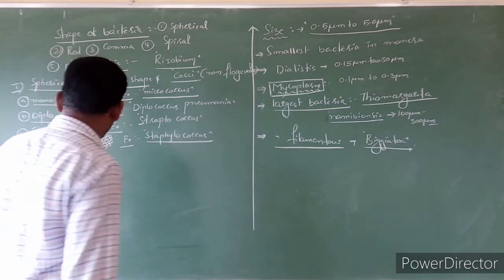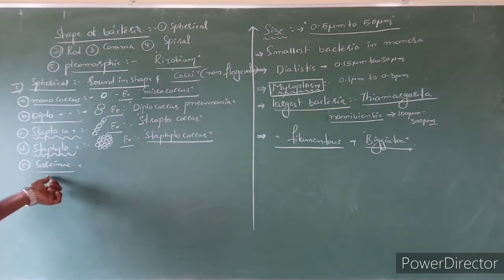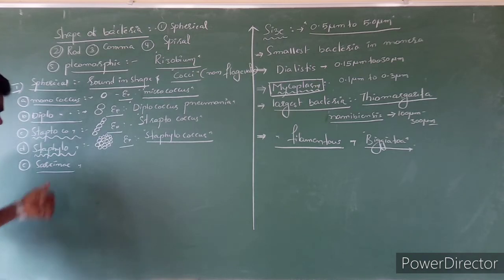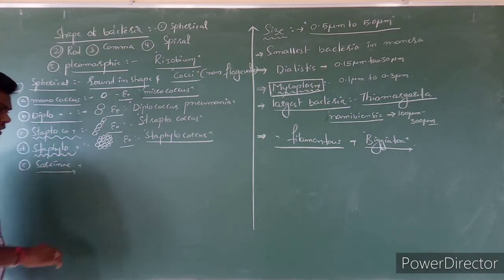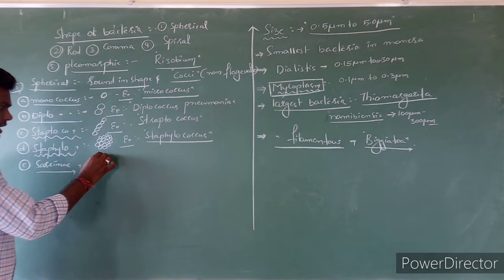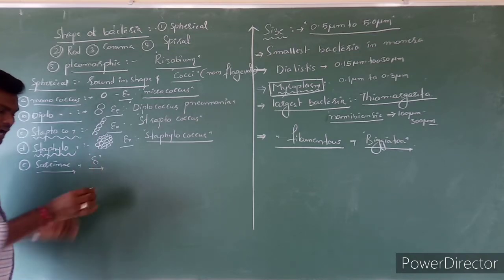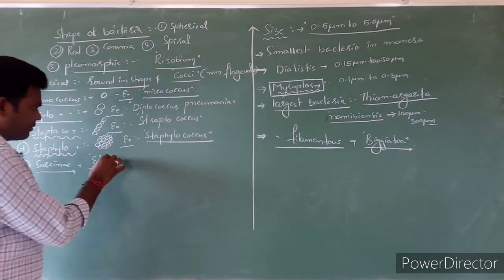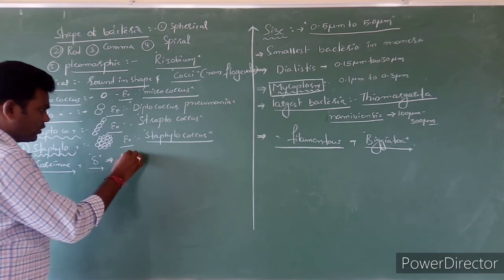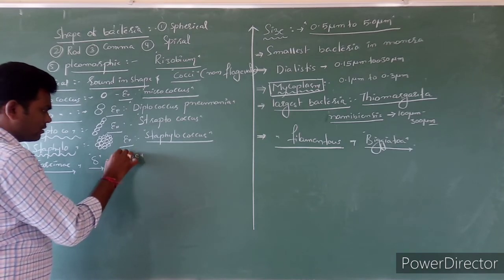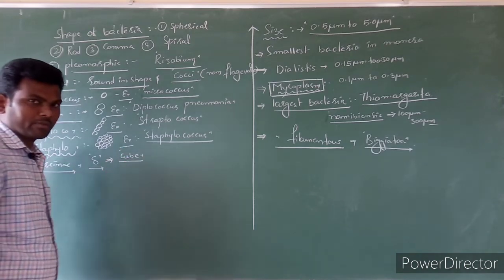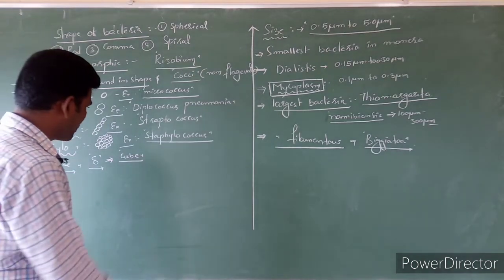Last one is Sarcina type. In this Sarcina type, nearly 8 bacteria are arranged to form a cube-like structure. Cube-like structure is formed.